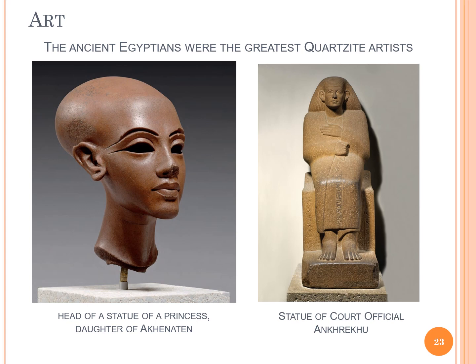Here I put a few more pictures, including some remarkable pictures of some quartzite sculptures. The princess, one of the daughters of Akhenaten. It still amazes me that this is actually made out of quartzite. And then a statue of a court official.